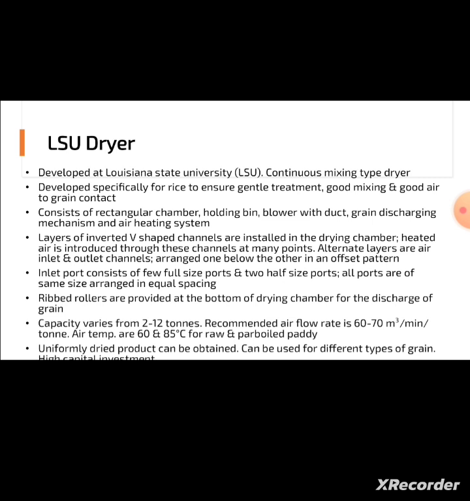This dryer is a continuous mixing type dryer. It was developed especially for paddy treatment because it ensures gentle treatment, good mixing, and good air to grain contact. It consists of components like a rectangular chamber, holding bin, blower with duct, grain discharging mechanism, and air heating mechanisms.